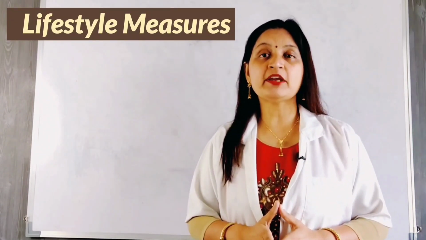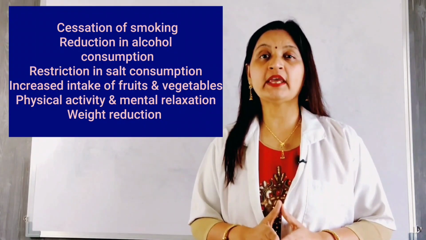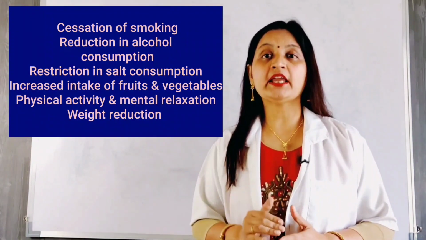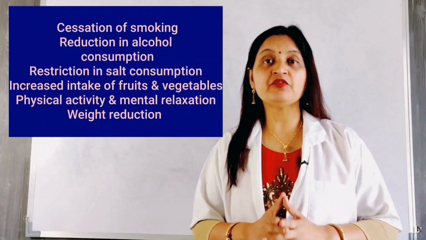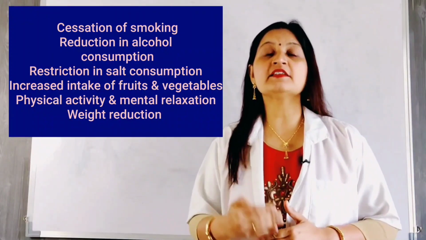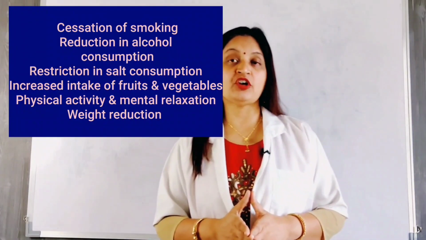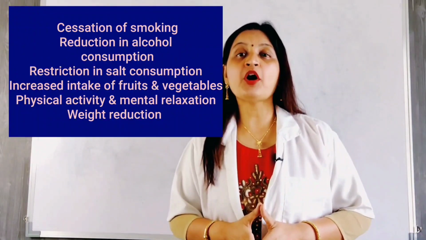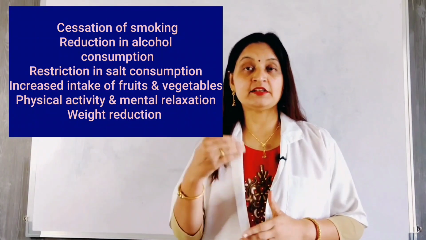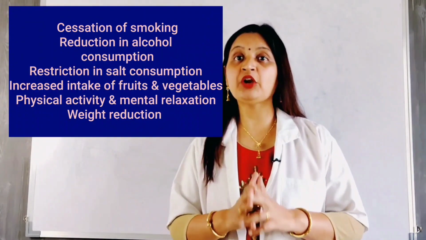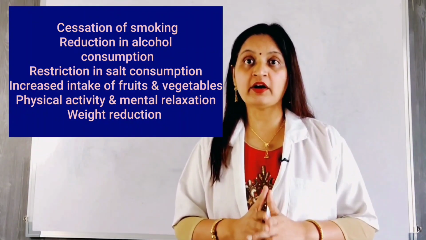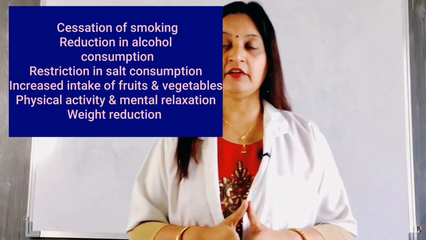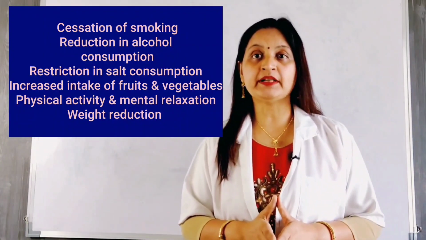Some of the lifestyle measures are cessation of smoking, reduction in alcohol consumption, restriction in salt consumption to less than 5 grams per day, increased consumption of fruits and vegetables which are rich in potassium and fiber, reduction in body weight in obese persons, reduction in fat consumption, aerobic exercise, brisk walking, mental relaxation. These are some of the lifestyle measures that are advised for managing hypertension.